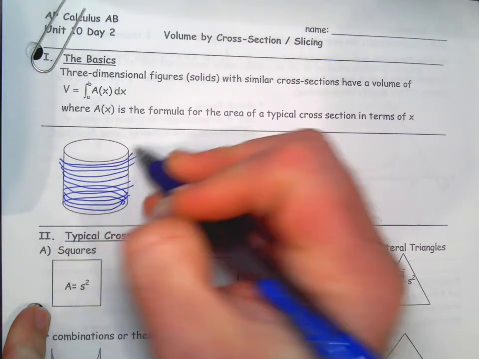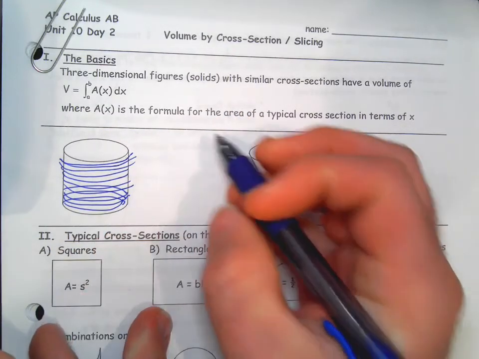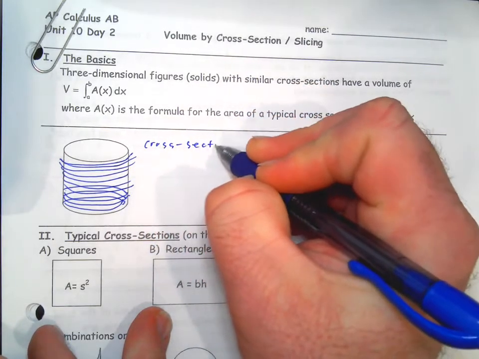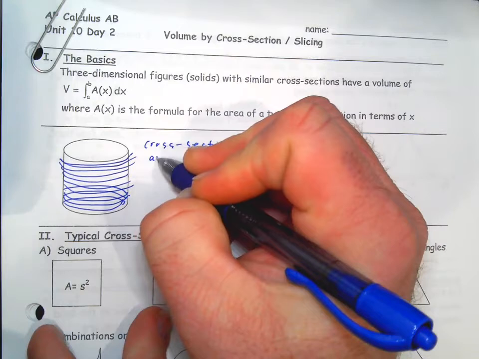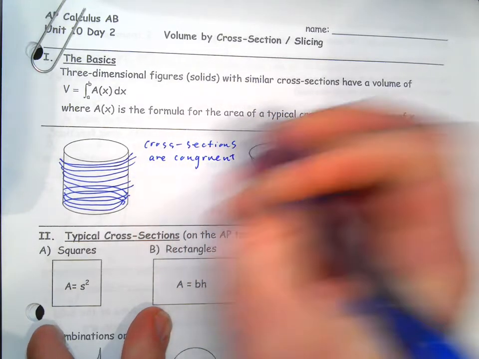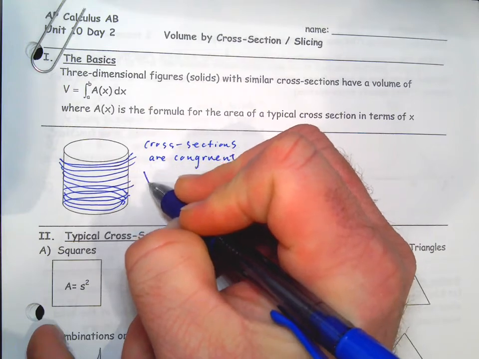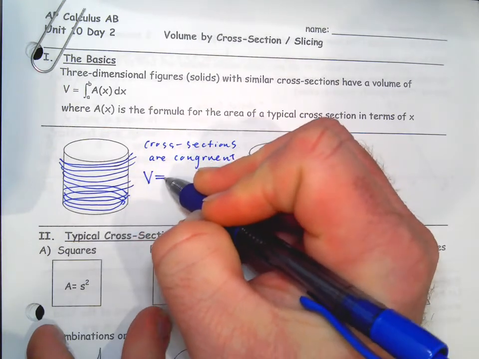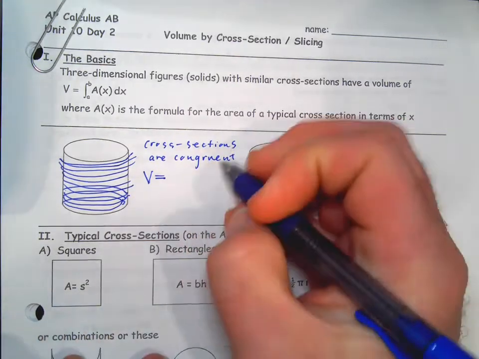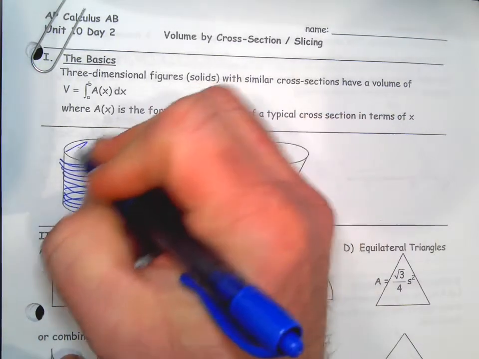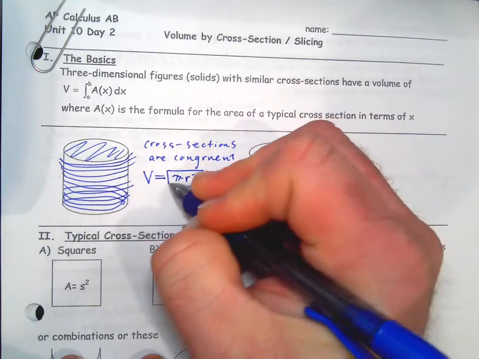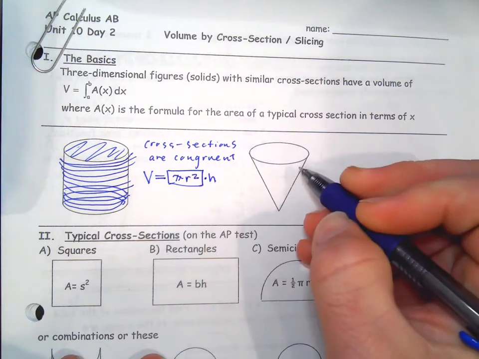And the cross sections in this problem are congruent. They're all the same size, which is generally not true, but in this case, we can say it is. The volume of one slice would be the area, a circle, pi r squared, and then times the height of that slice.